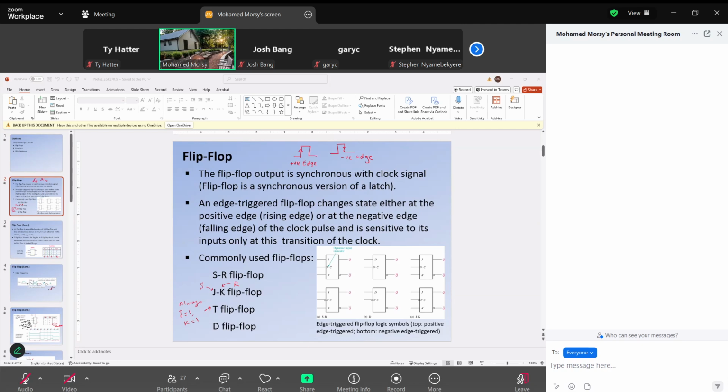So JK flip-flop, T flip-flop, D flip-flop are different flip-flops to overcome this problem. We mentioned JK flip-flop. How did JK flip-flop cover this issue? It toggles. Toggles. Perfect. Thank you.